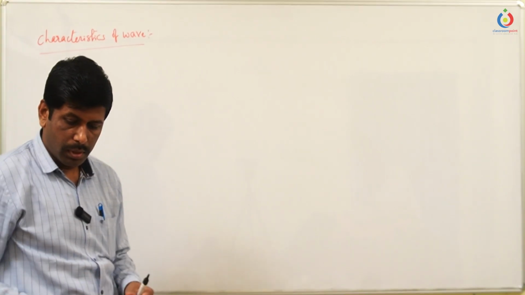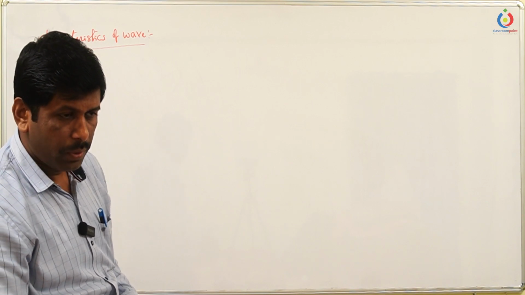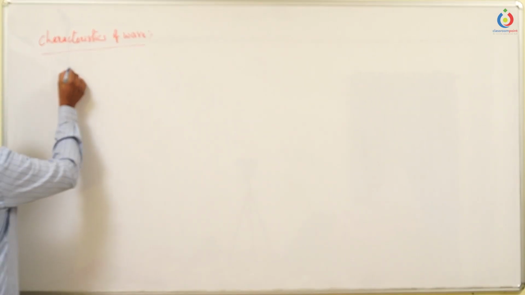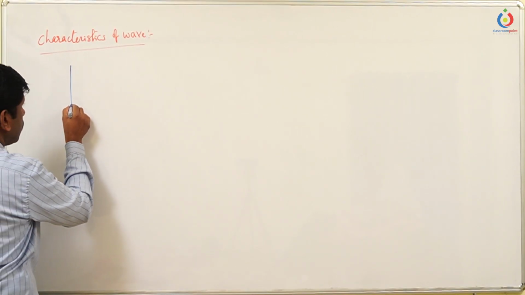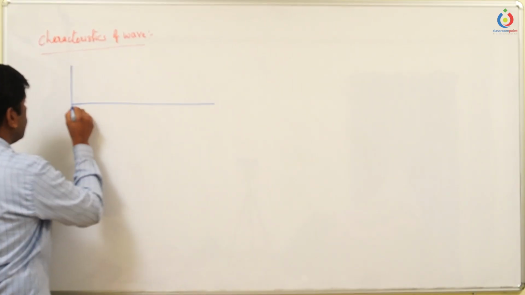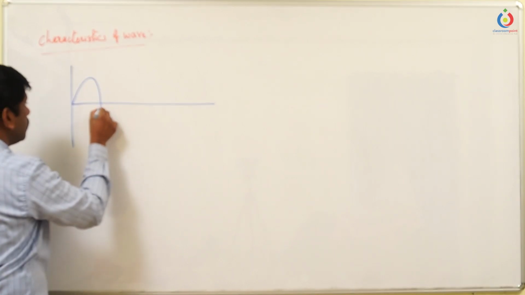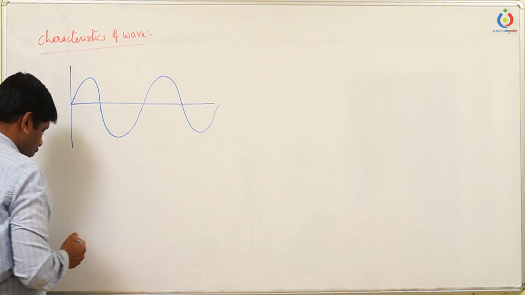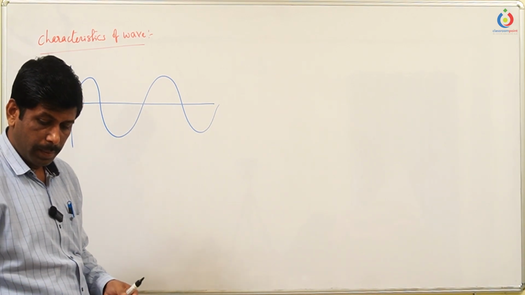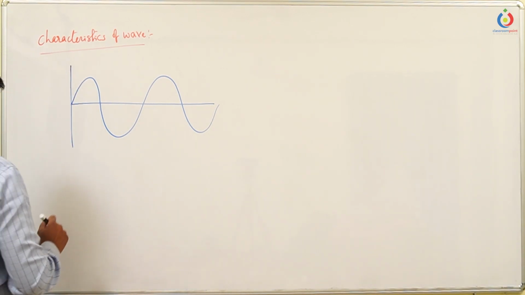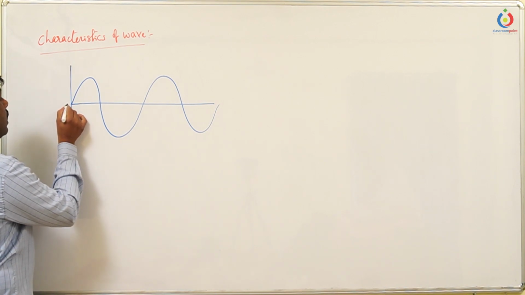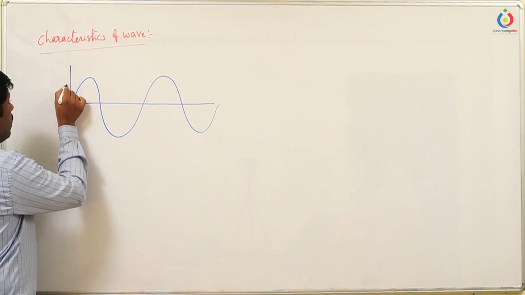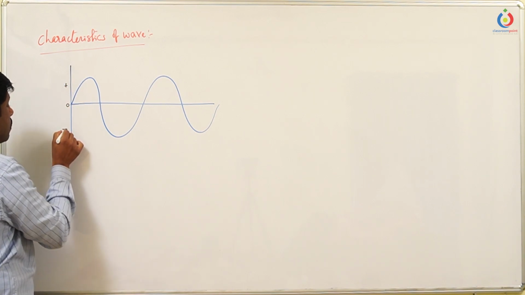Characteristics of wave. So let's draw the diagram of the wave first. So imagine the wave is like this. This is called the equilibrium position or the center. This side, let us imagine the positive side, and this is called the negative side.